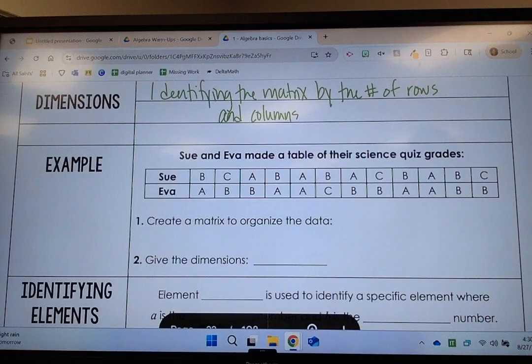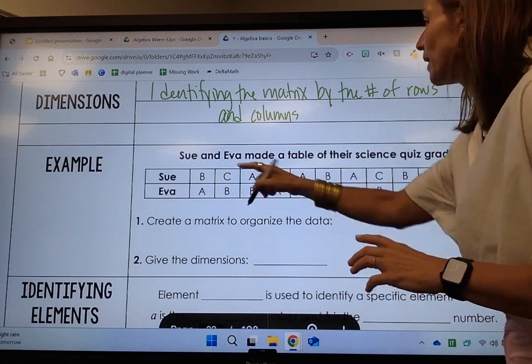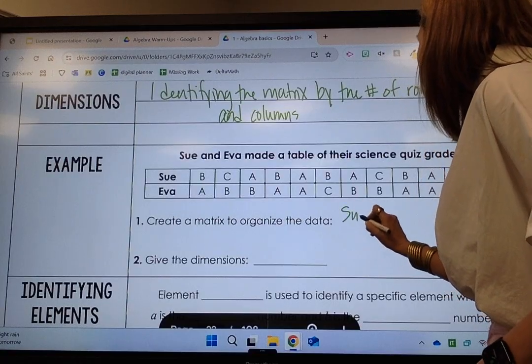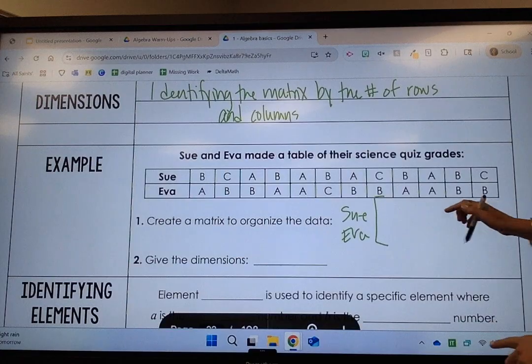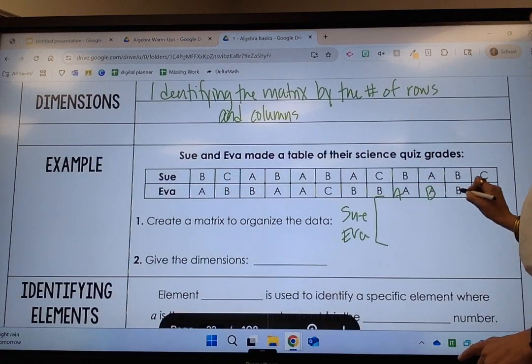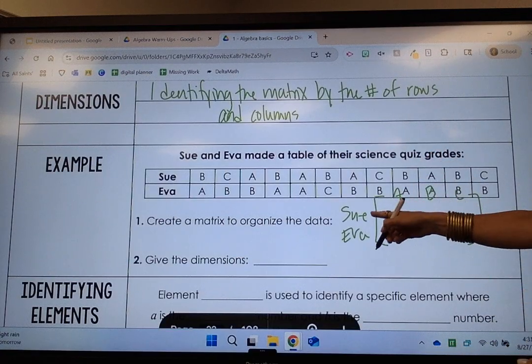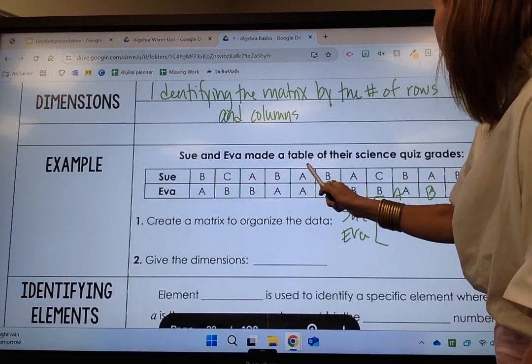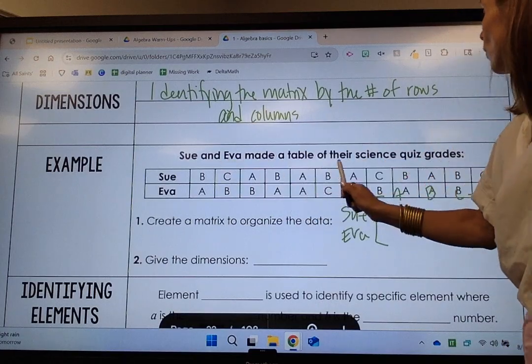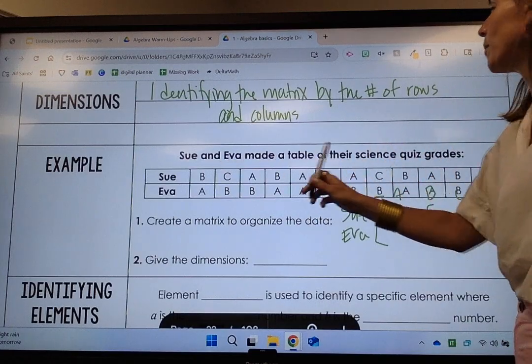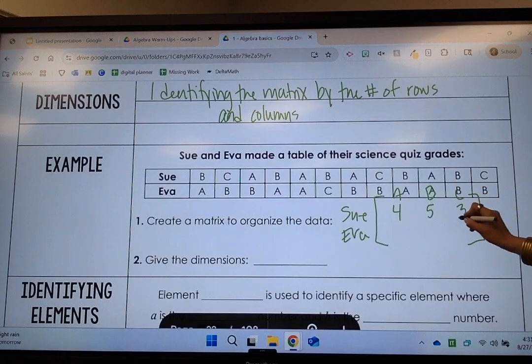So let's look at this example. Sue and Eva made a table of their science quiz grades. That's just a lot of stuff going on in there, so I'm going to make it easier. Sue and Eva are going to be my rows. And for my columns, I'm going to have an A, B, and C column. And I'm just going to count. How many A's did Sue make? 1, 2, 3, 4. How many B's? 1, 2, 3, 4, 5. And how many C's? 1, 2, 3.